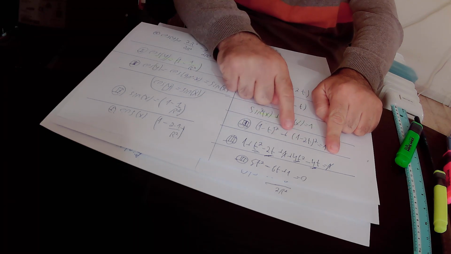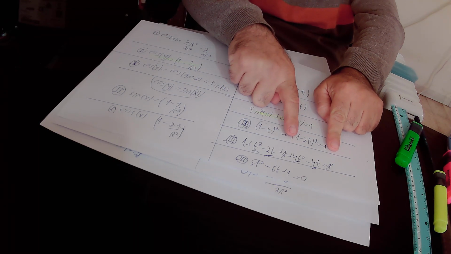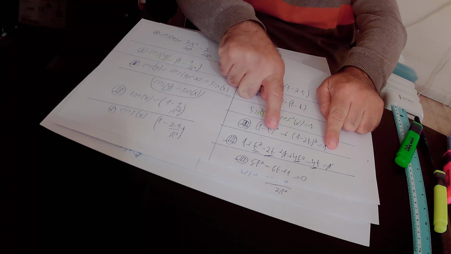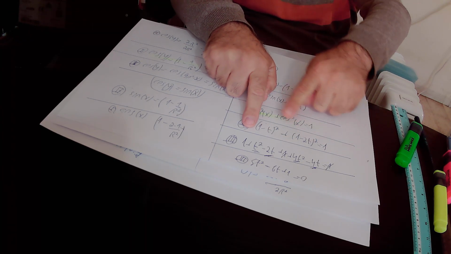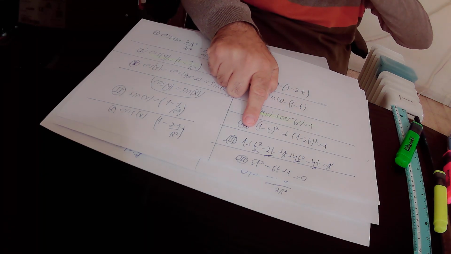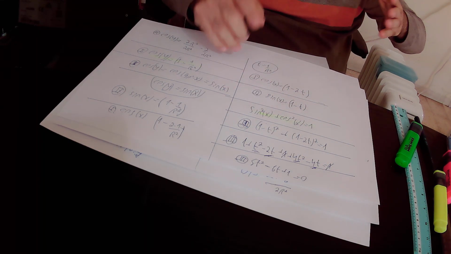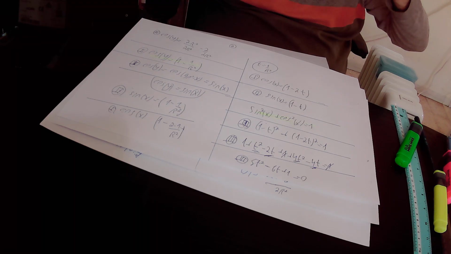We have 1 on both sides of the equation, so the 1 gets cancelled, and we are left with plus 1 equal to 0. So according to equation number 3, 5t squared minus 6t plus 1 equals 0.